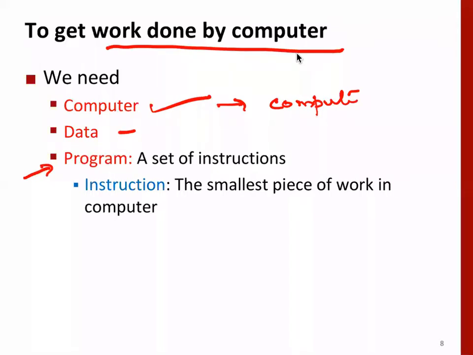The set of instructions tells what is to be done, which is user defined, and these instructions are meaningless until you work on some data items. As a result you get the output, and all this data manipulation is done by the computer.